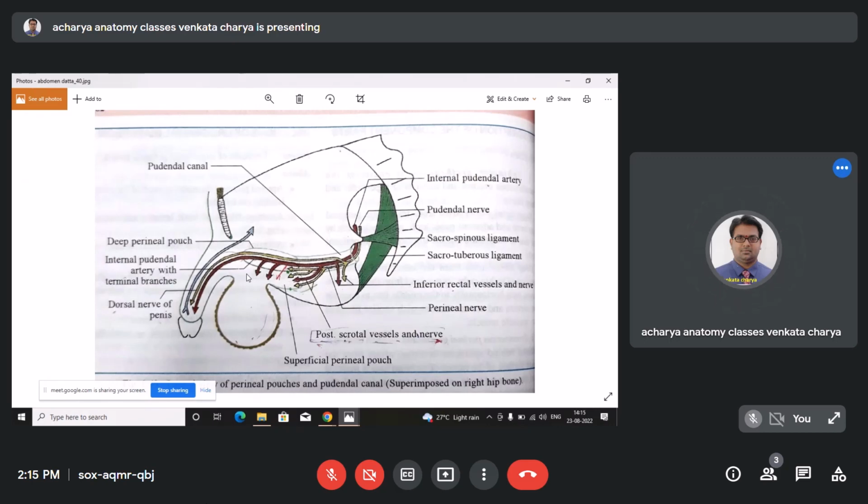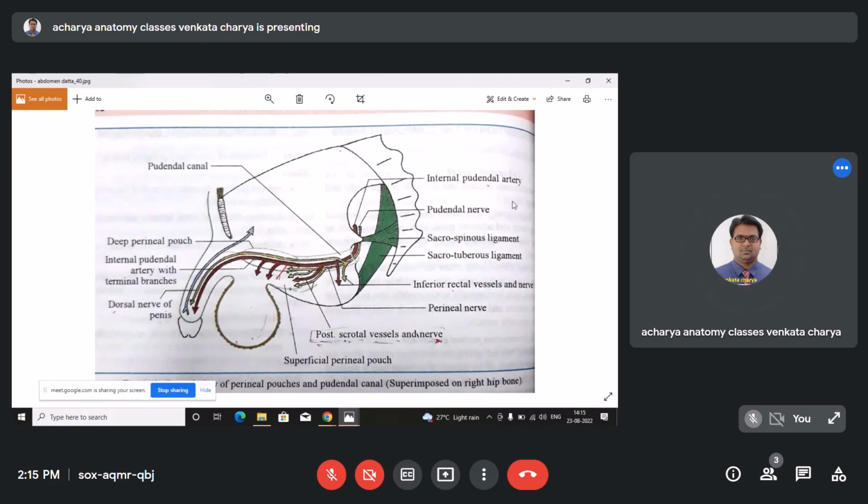Next branch, dorsal artery of the penis, which supplies the dorsum of the penis. So this one is the internal pudendal artery. It is a 4 marks question. You must draw this diagram and give the labelings, then write down all those branches.